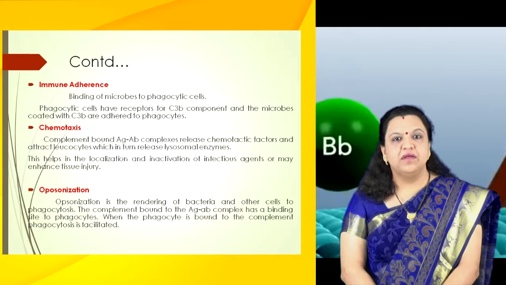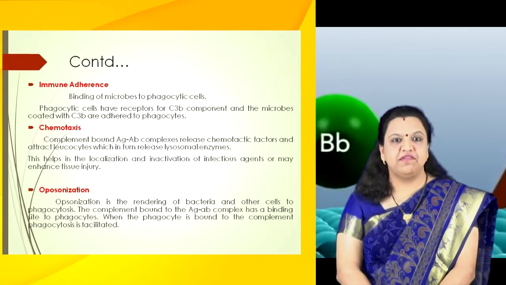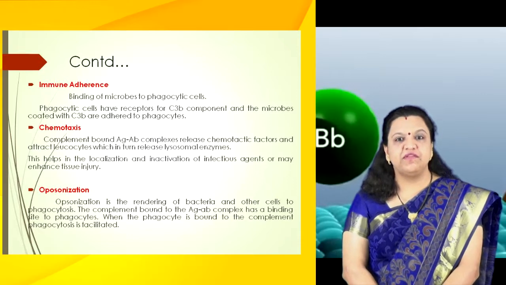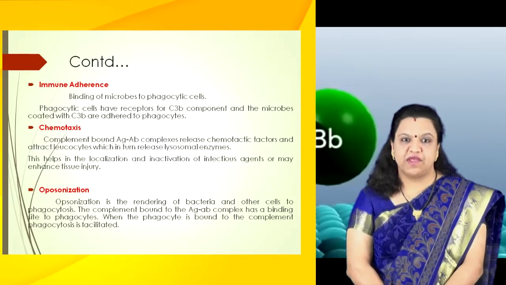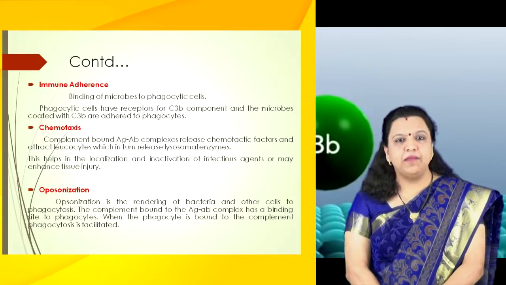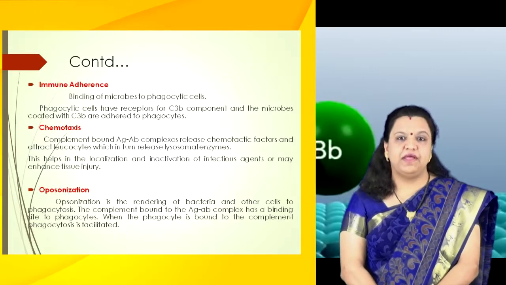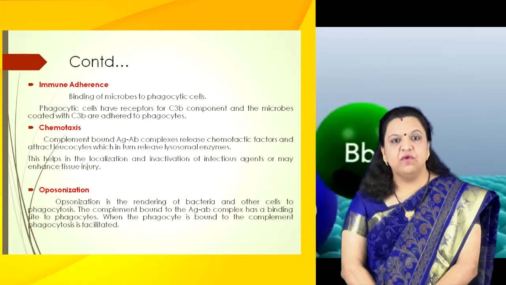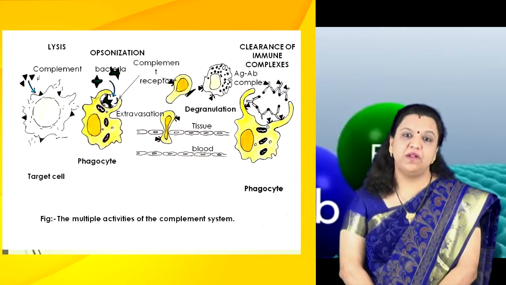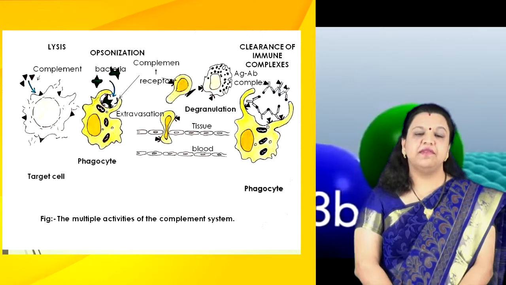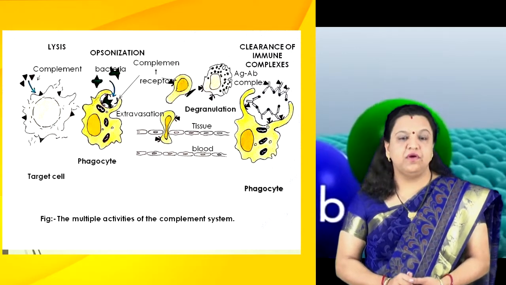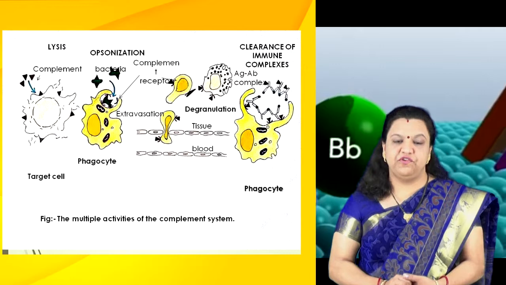This is possible because phagocytic cells have receptors for the C3b component, and the microbes coated with C3b are adhered to phagocytes. Next is chemotaxis. Complement bound antigen antibody complexes release chemotactic factors and attract leukocytes, which in turn release lysosomal enzymes. This helps in the localization and inactivation of the infectious agent or may enhance tissue injury.